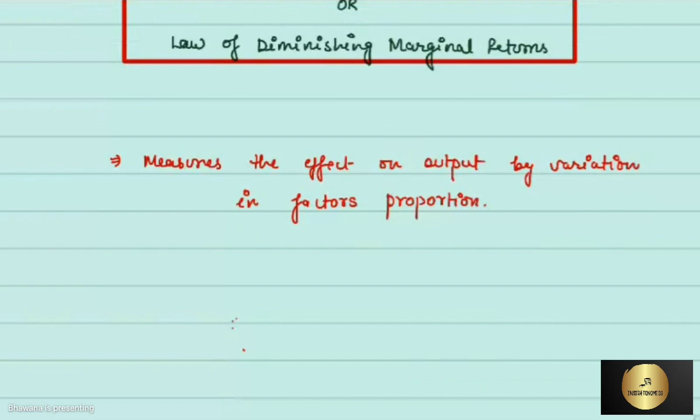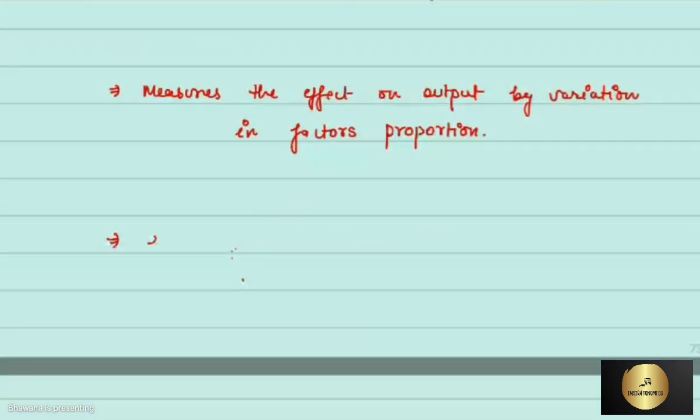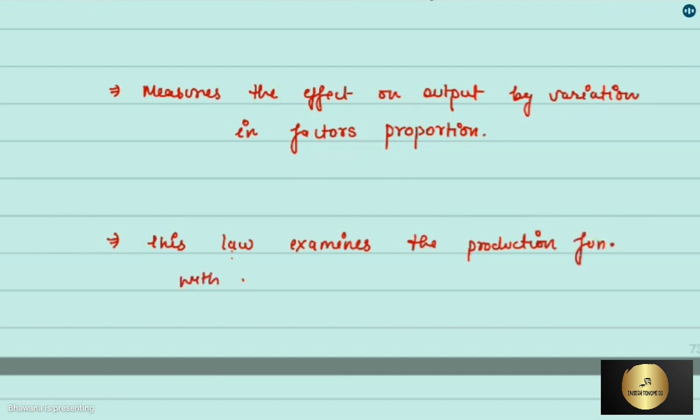So this law examines the production function with one variable factor and another fixed factor.